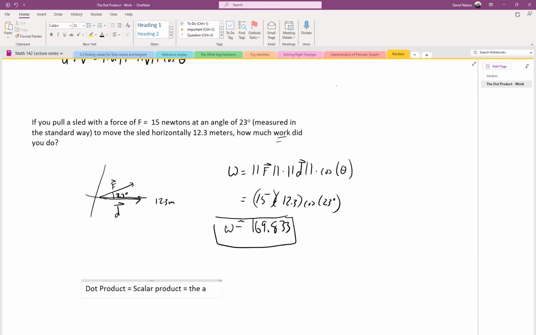And the answer is a number, not a vector in particular. So it's a scalar. It's just like a regular number. It's not a vector when you're done with this sort of thing. So that's our dot product.